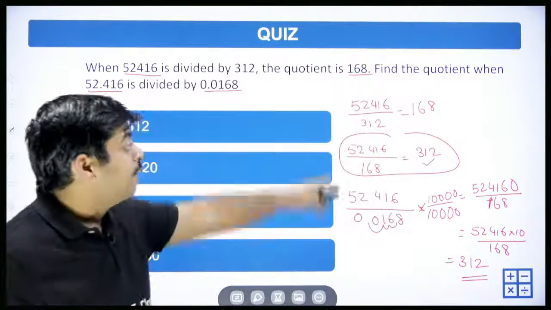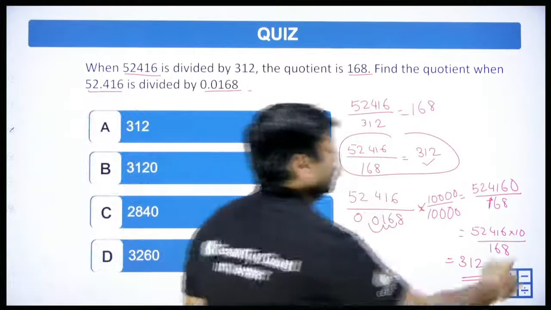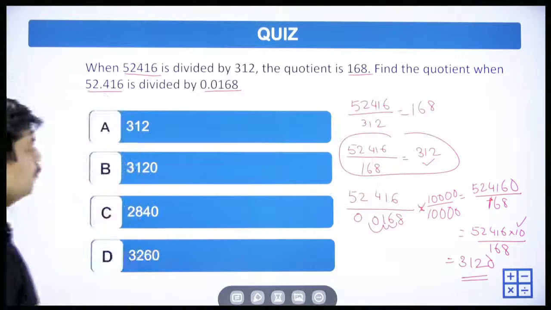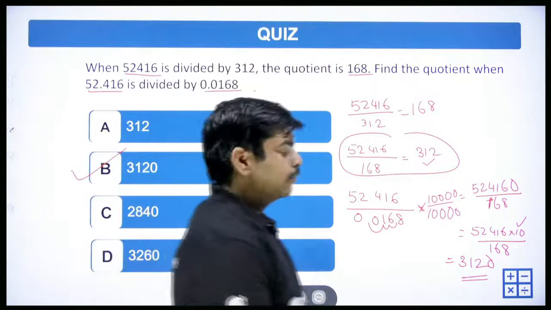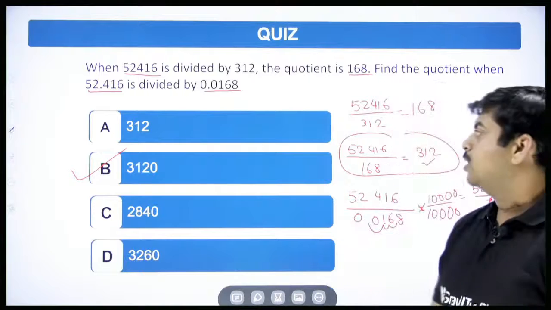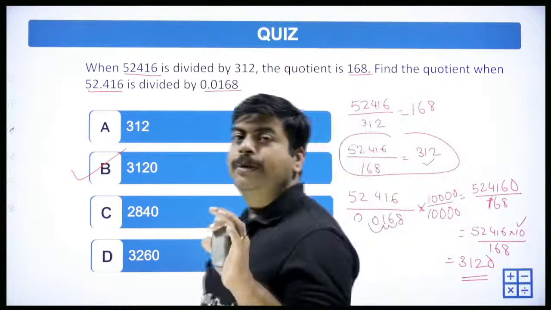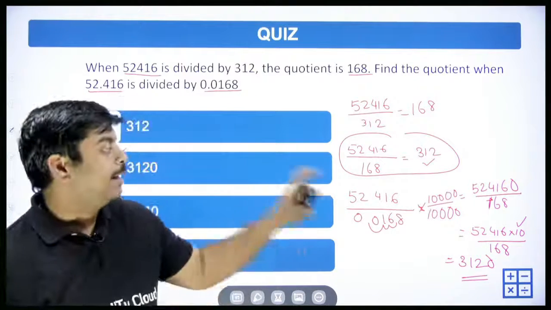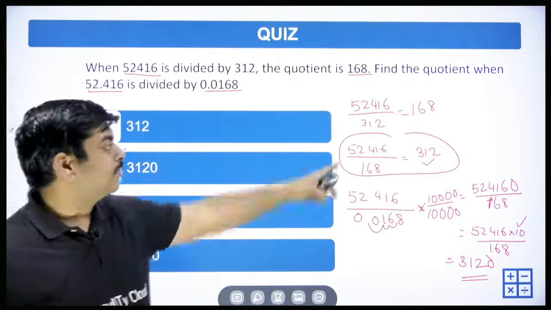Is that correct? 52416 by 168 is 312, but not this one. You have one more 0 coming here, so that will give you 3120. That is option B. So quickly understand that and copy that so that we can move to the second question. Very easy. The only thing is you need to be very confident with the decimal values. Either you multiply or divide, you need to eliminate decimals so that you can use this result.